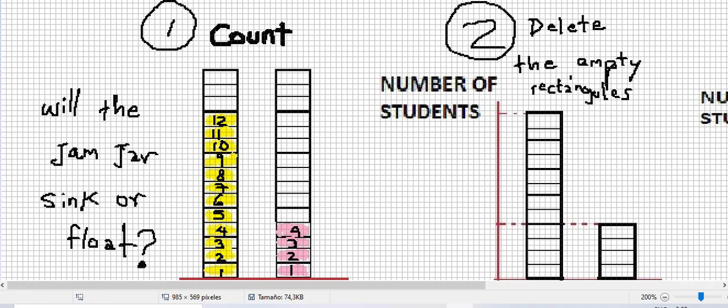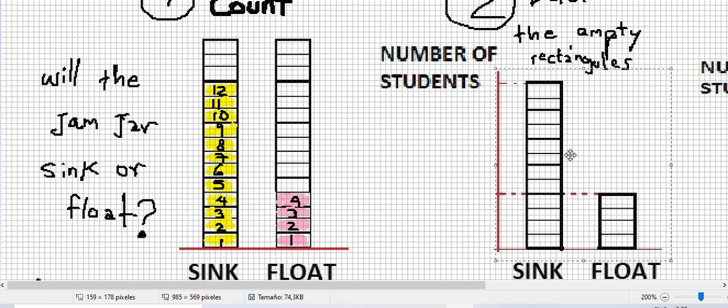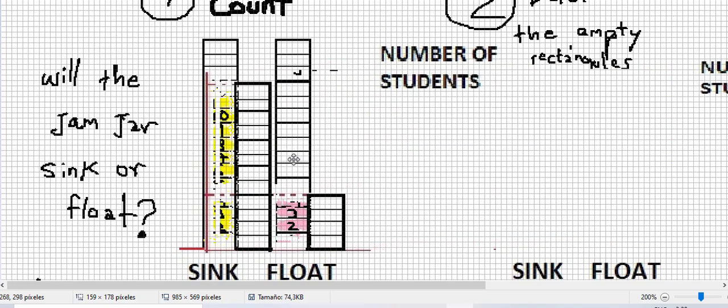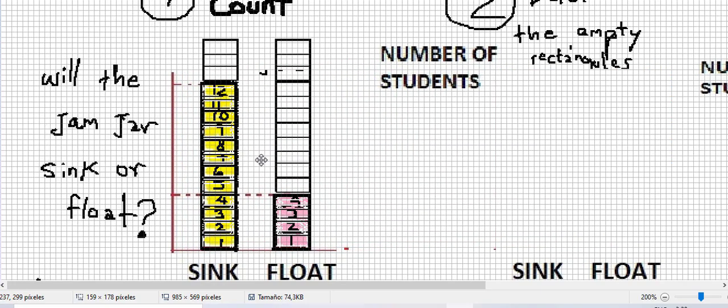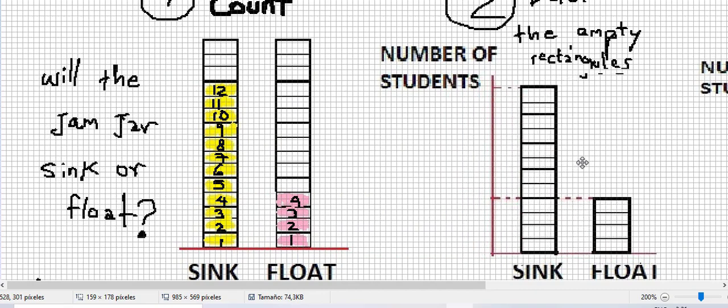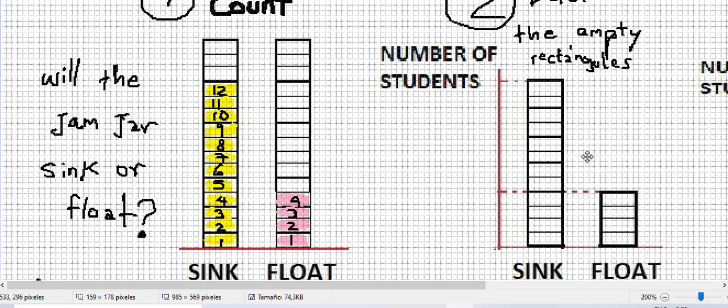In this moment, to be sure about this affirmation of teacher Walter, we're going to select transparency, and look at this. That's it. It's exactly the same picture.